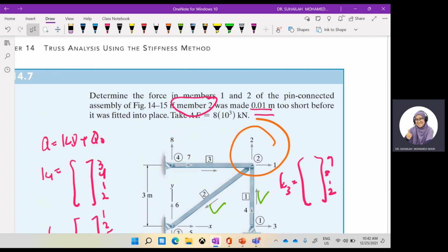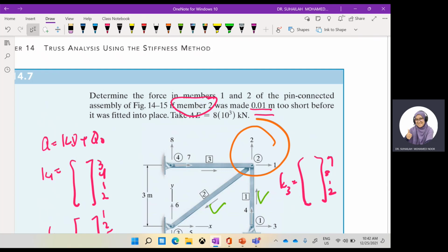We apply this back into the stiffness equation, plus Q naught, and solve for the displacement. From the displacement, we can calculate either the reactions at the supports or directly calculate member forces, as we have discussed just now.